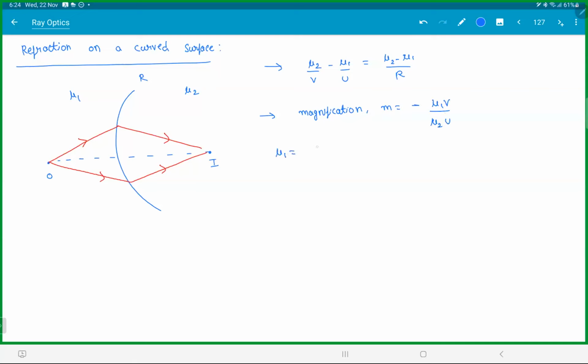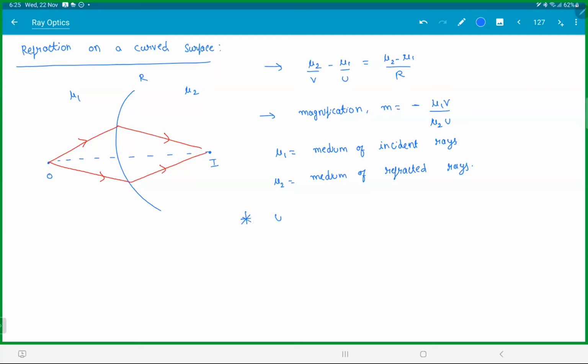Here mu1 is the medium of the incident rays, so it is important to know who is the object and who is the image here. mu2 is the medium of refracted rays. Quite an important formula.